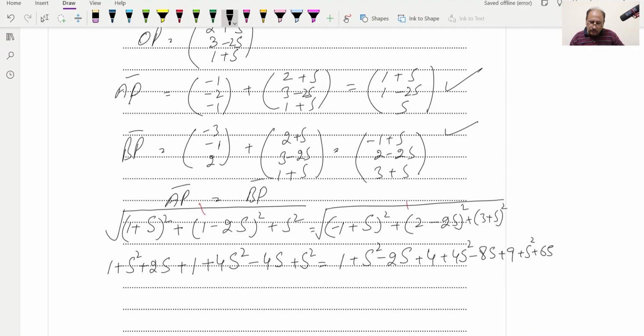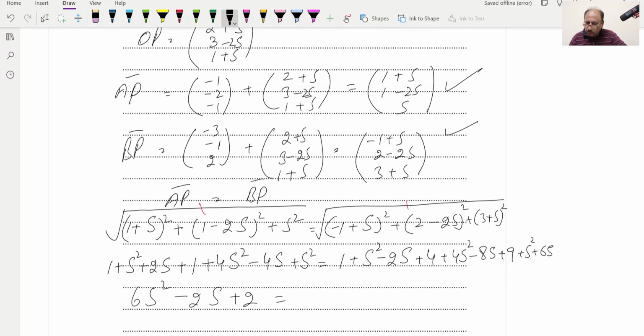Now we can simplify. The s squared terms give 6s squared, and the s values are minus 4 and plus 2, so minus 2s, and 1 plus 1 will be 2.